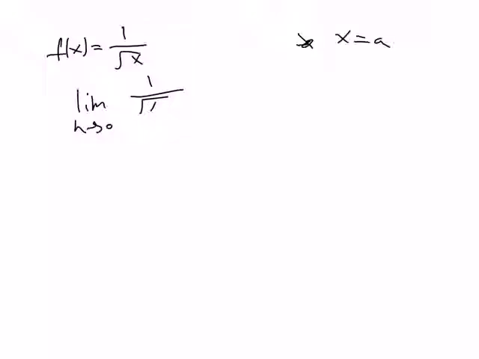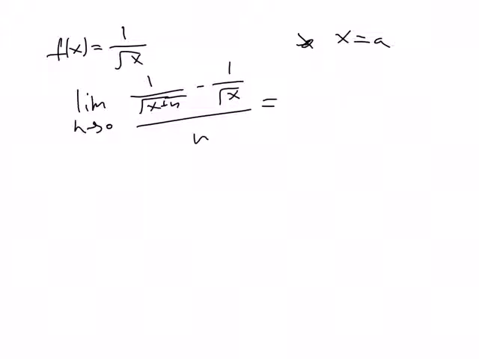So I have that f of x is equal to 1 over the square root of x, and we want to find the tangent line at any x equals a. I'm just going to keep it as x. So we're going to have the limit as h goes to 0 of 1 over the square root of x plus h minus 1 over the square root of x, over h.